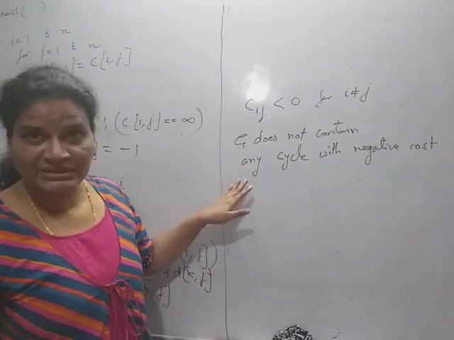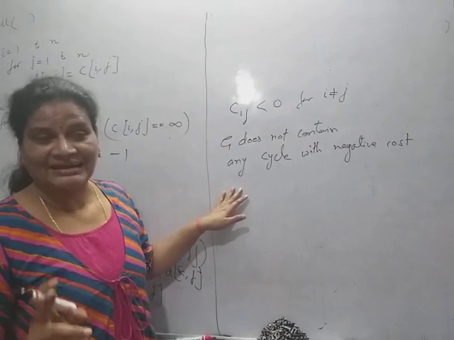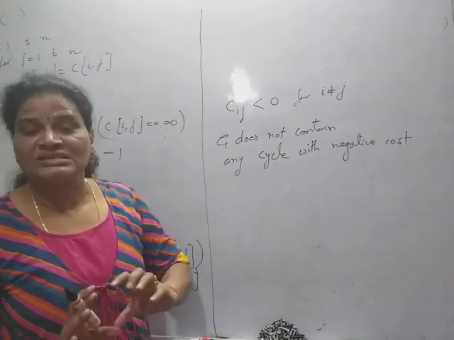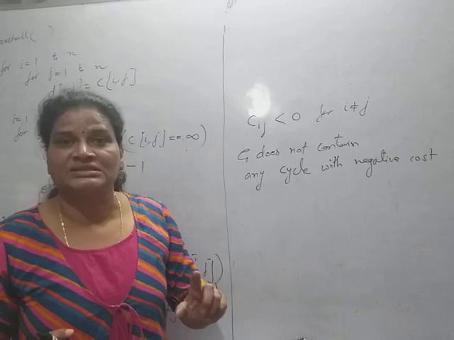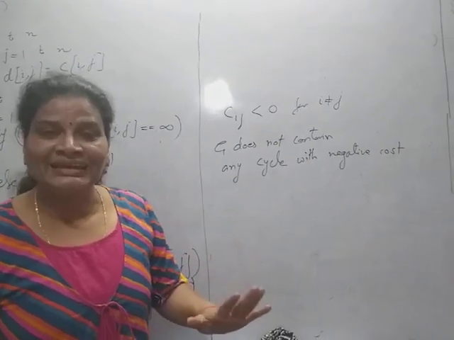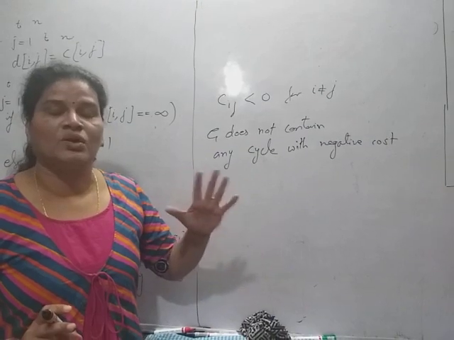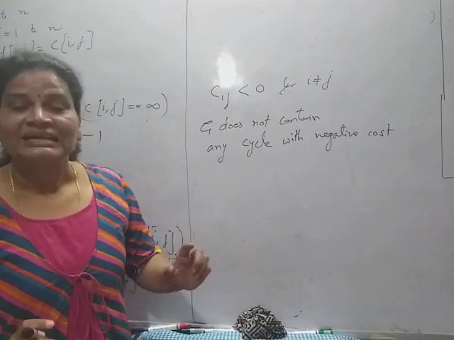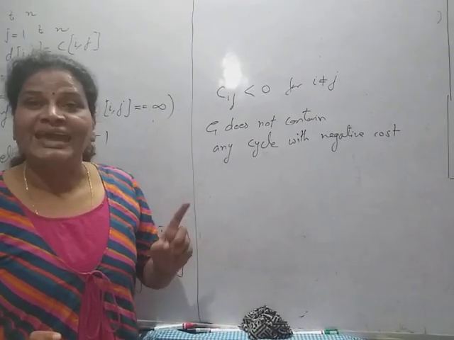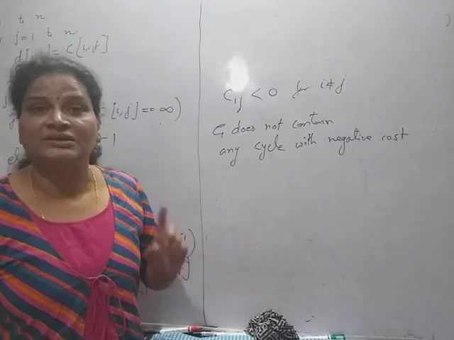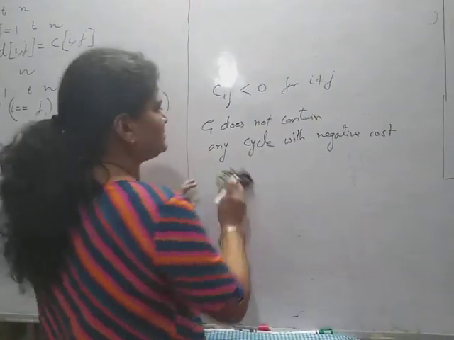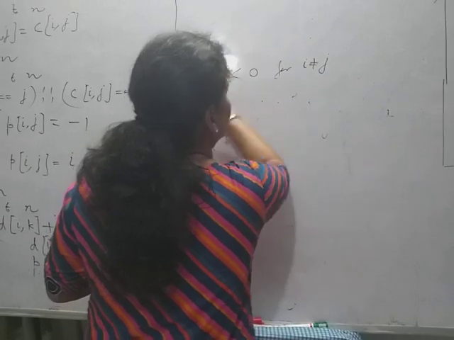So remember the condition for the Floyd-Warshall algorithm compared with the Dijkstra algorithm: Floyd-Warshall allows negative cost edges, and it does not allow any cycle with negative cost. What is the meaning of a cycle with negative cost?